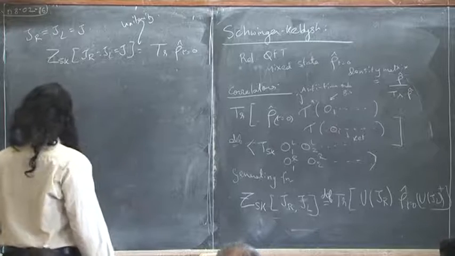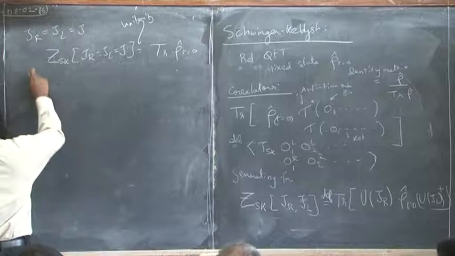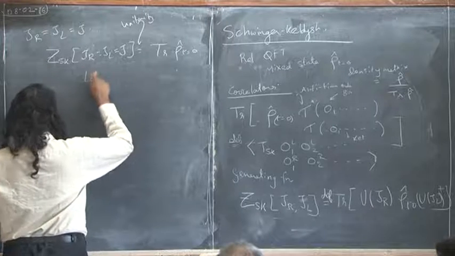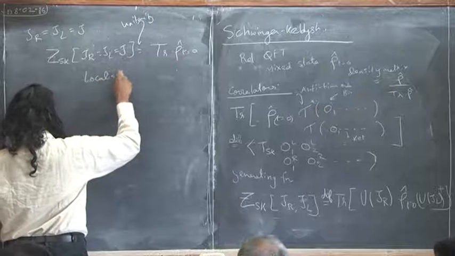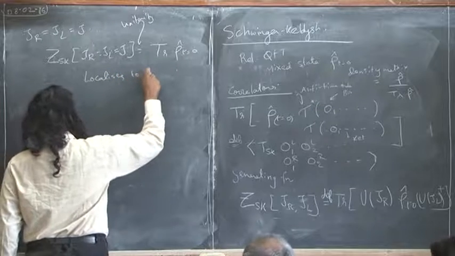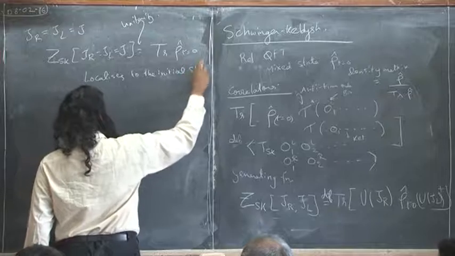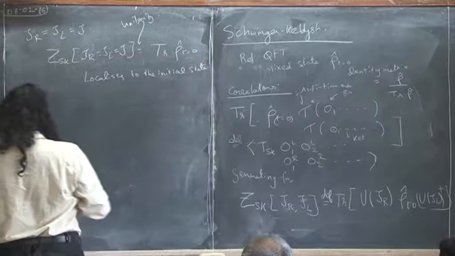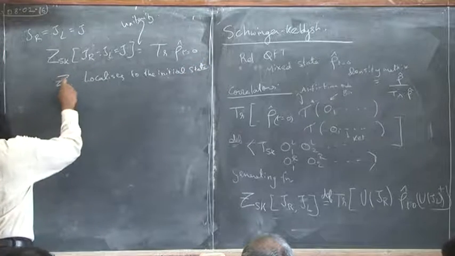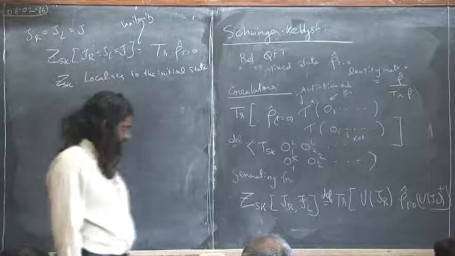So I would say that it localizes to the initial state. The Schwinger-Keldysh path integral, Z_SK, localizes to the initial state. That's one way of saying what I'm saying.